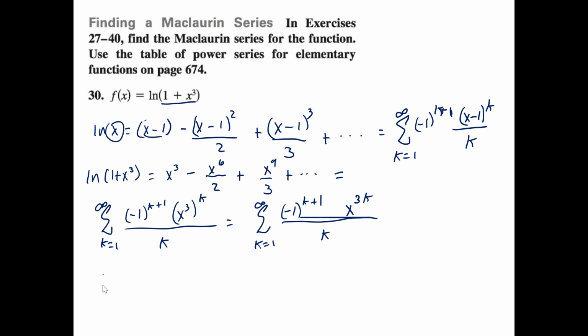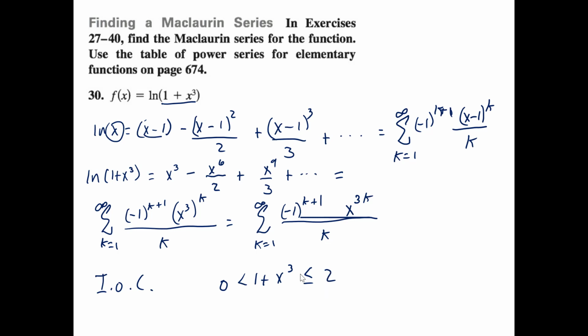For the interval of convergence, there is absolutely no need to use the ratio test. We know that for the natural log, whatever you put in, which is 1 plus x cubed, will converge as long as it is between 0 and 2.